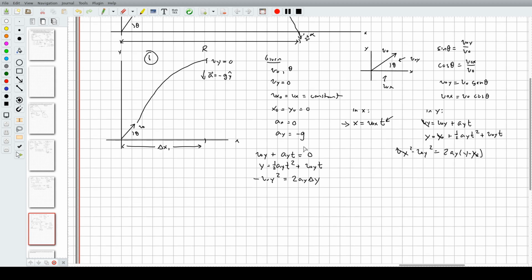And to find that, I would use this equation right here. It's the simplest one that we have that gives us that. And if you solve for time here, this would be the time to the peak, time to the very top. It would be minus v naught y over a sub y. Now, v naught y is v naught times sine of theta.